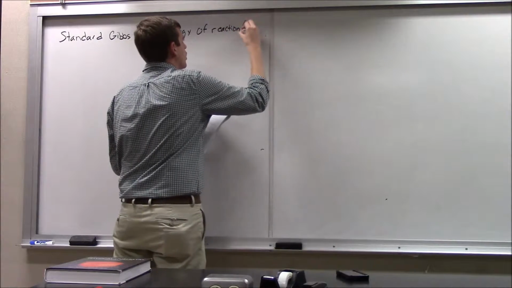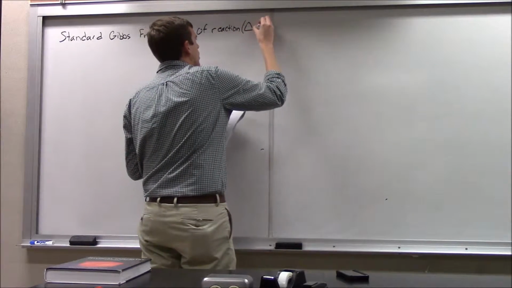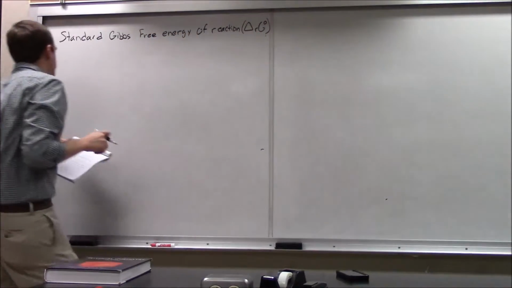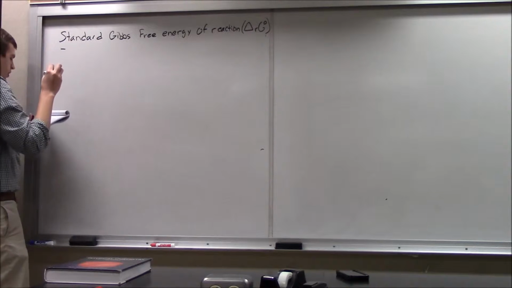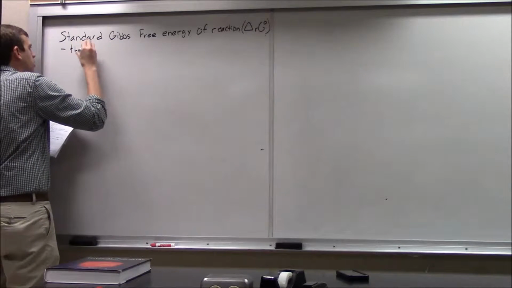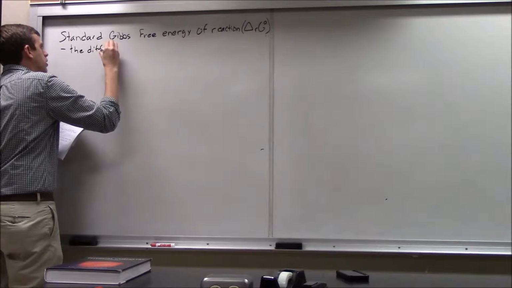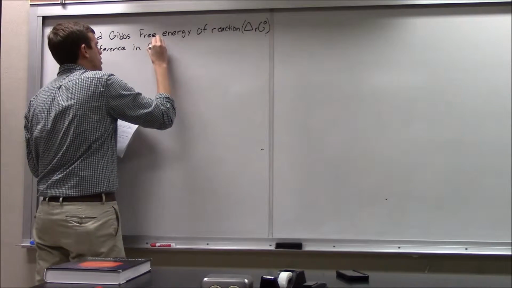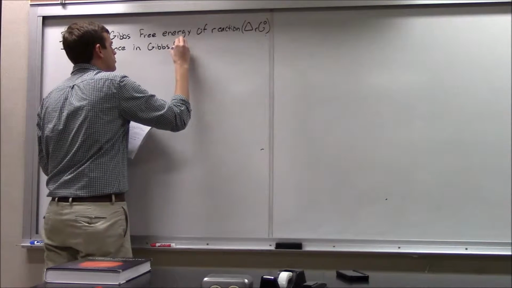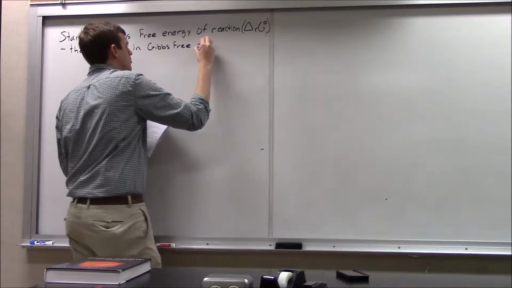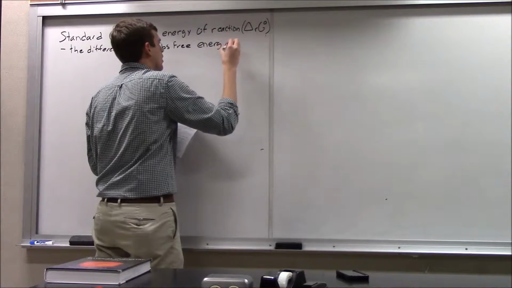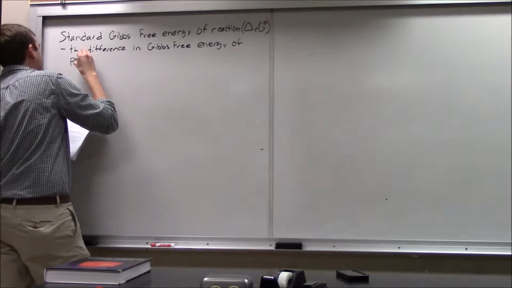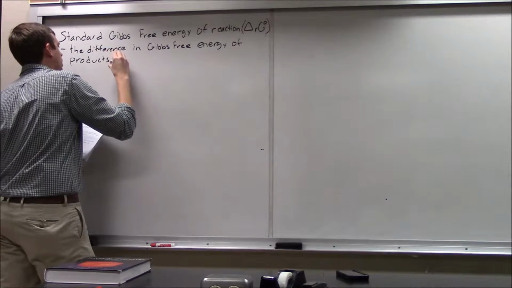This is usually shown by delta r G naught. And so what this really is, is the difference in the Gibbs free energy of products and reactants.